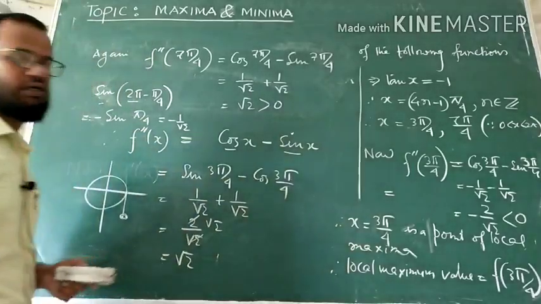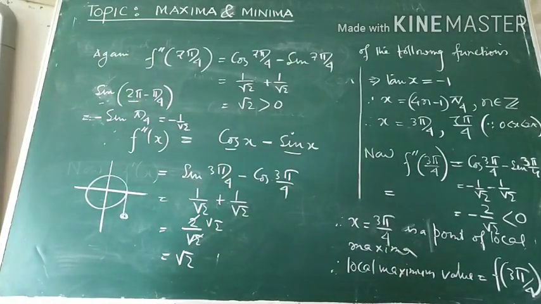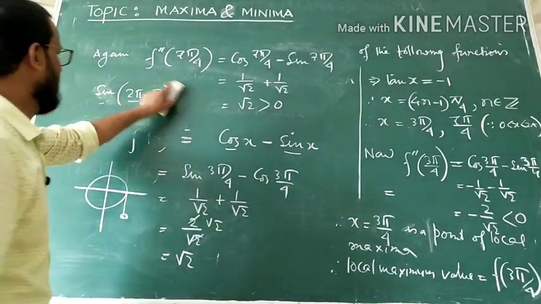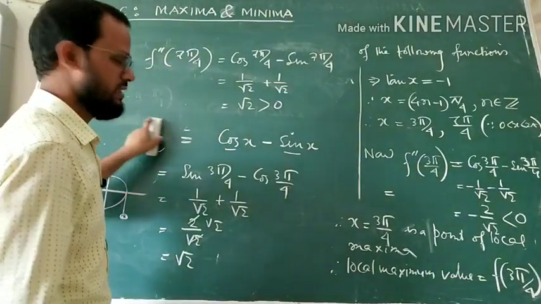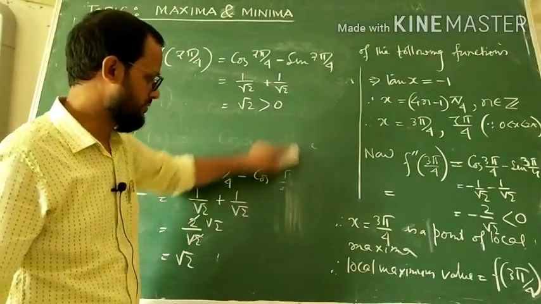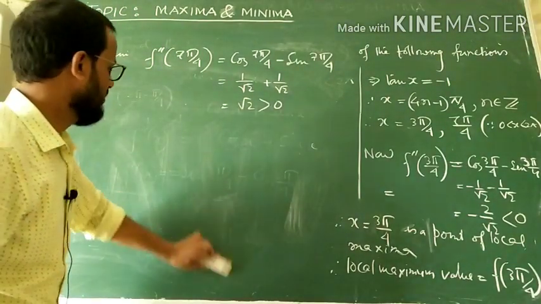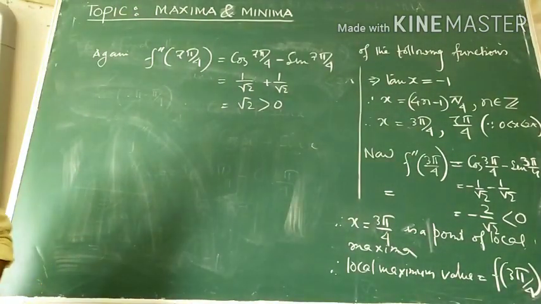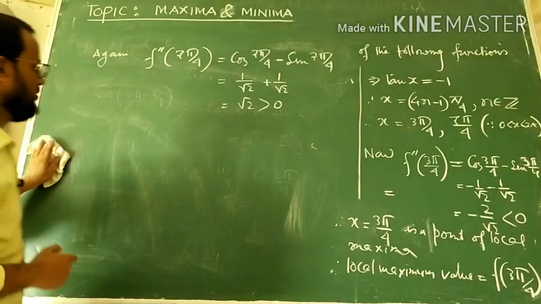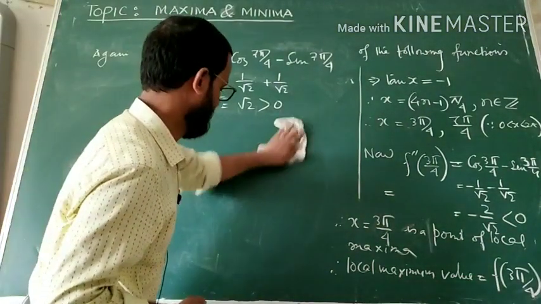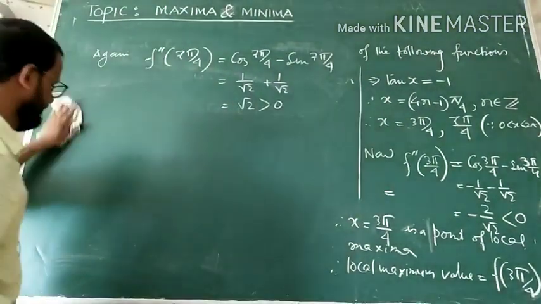Which is a positive quantity, and therefore x equals 7 pi by 4 is a point of local minima.